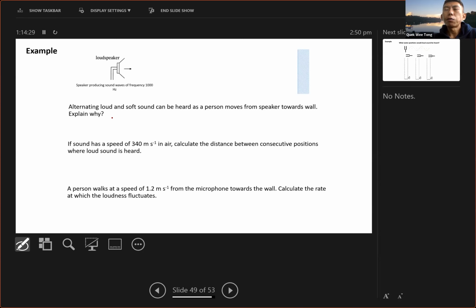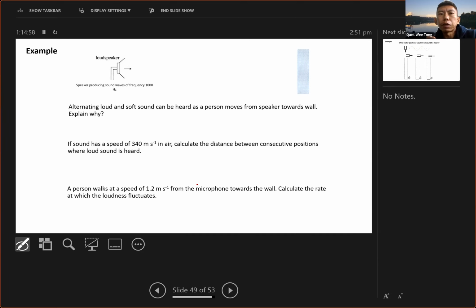So you first talk about the origin of the two waves. How come there are two waves? Isn't it only one speaker? No, it's the speaker in one direction, the reflected wave in the other direction. Then you talk about the condition for constructive and destructive interference. Then you round it up by saying, hence as you walk towards the wall, you go through all these positions.